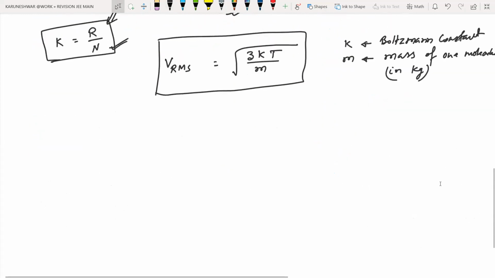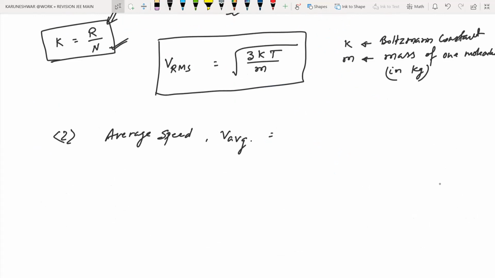The next speed we have is average speed. Average speed we normally write in terms of V1, V2, V3, and so on.